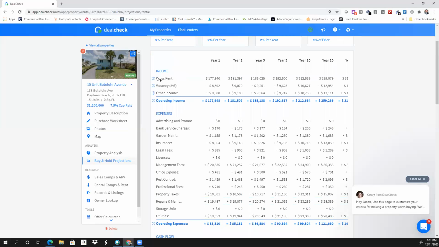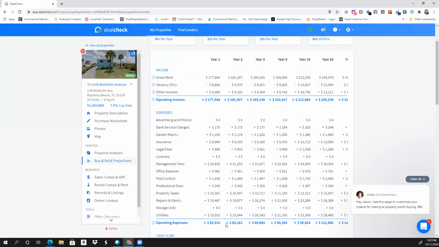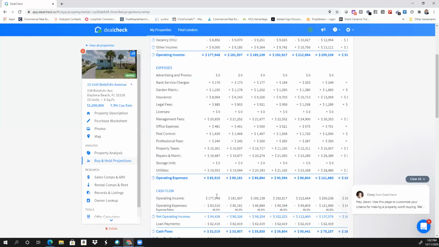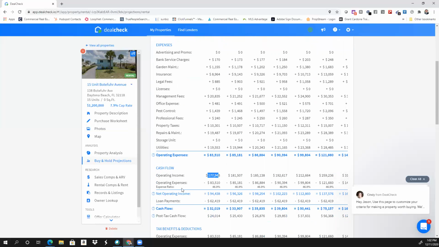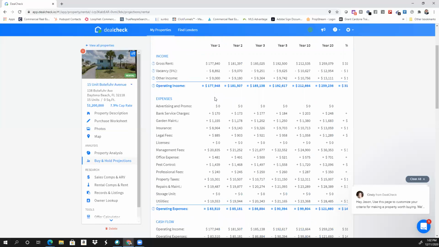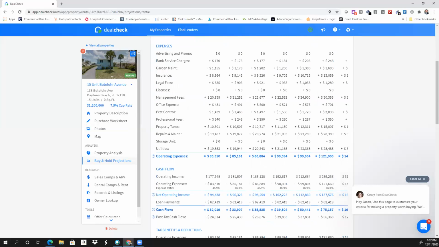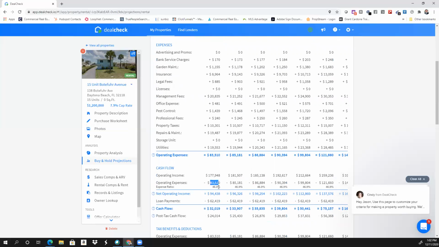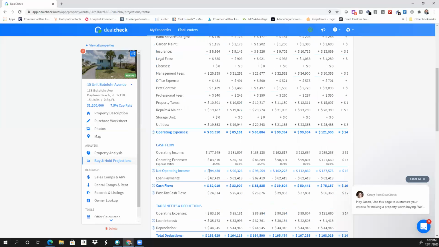Well, it's all of the gross operating income minus all of the expenses, which equals the NOI. So all of the operating income, as you see up here, 177. And then here's the expense. You subtract that. There's the 46. So your net is 94.